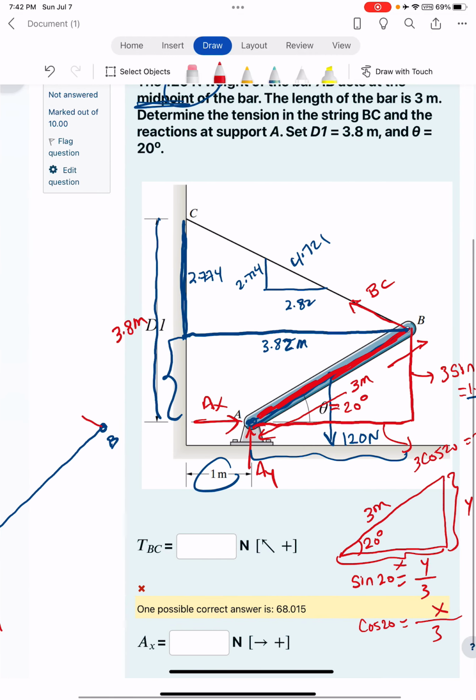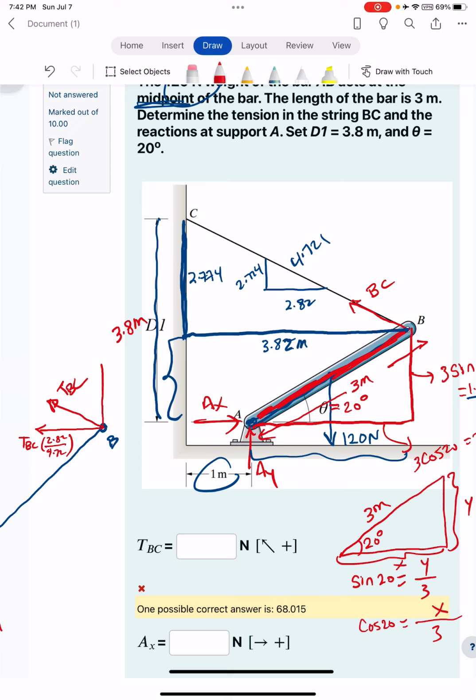This is the tension BC, and you have the slope. The slope is going to make 1 in the X, tension BC in the X, 2.82 over 4.721.